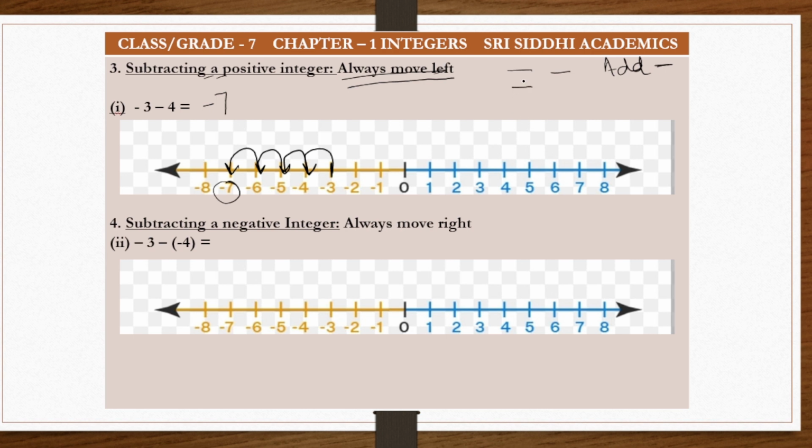And when there is plus plus, both the integers are positive, then also we add and put a plus sign. When there are two different signs like minus plus or plus minus, like that, first integer is negative, second integer is positive, or first integer is positive, vice versa, second integer is negative, then what do we do? We subtract and we put the sign of the bigger value.